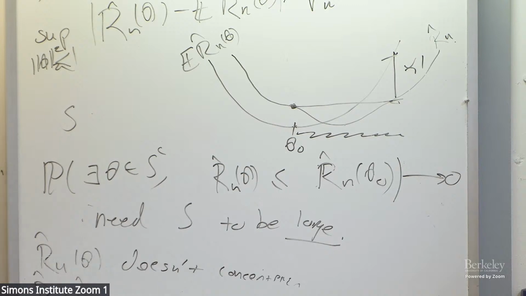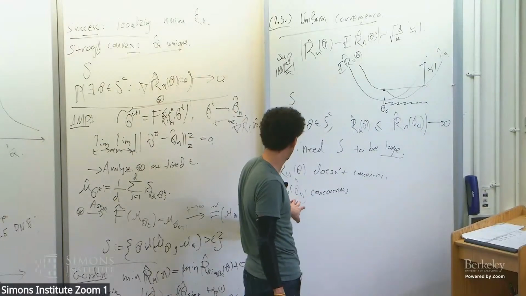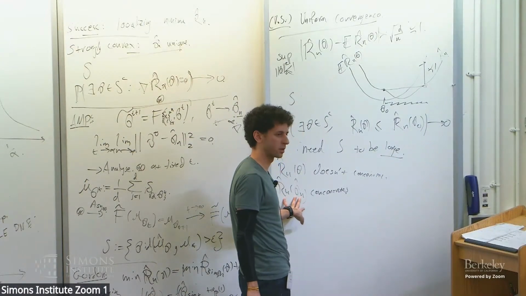Intuitively speaking, r hat theta should have less coupling among the random variables, while r hat at theta hat has more coupling. Like the random variables are more coupled with each other. I think it's because they're coupled that they concentrate well, right?